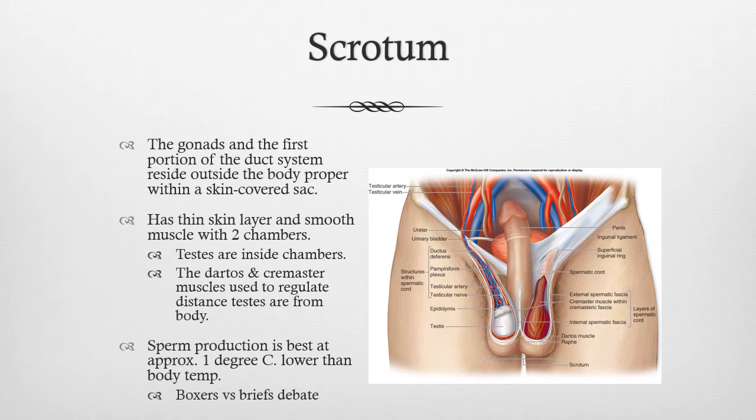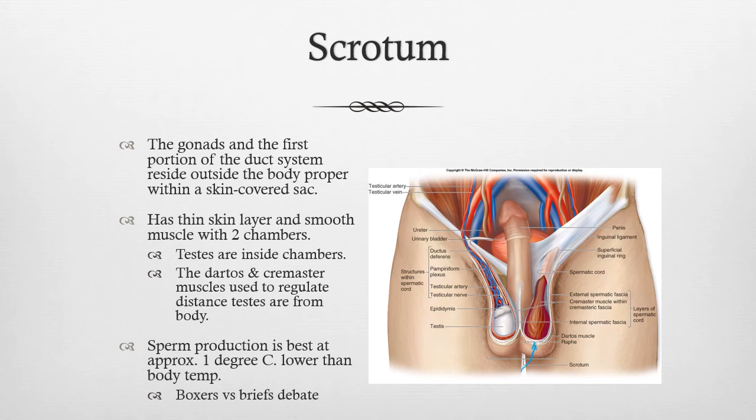Beginning with the testes themselves, we have protection for the testes via the scrotum. Once again, this is the equivalent of the labia majora in the female. They're going to cover over the testes, and the testes then have several layers surrounding them as well, a couple of which are muscles.